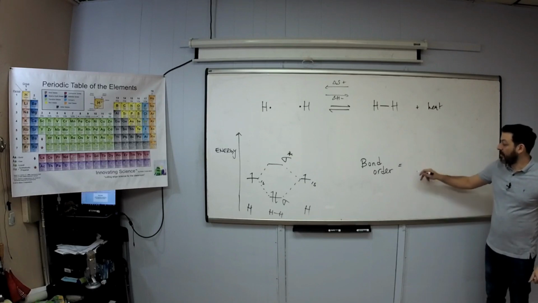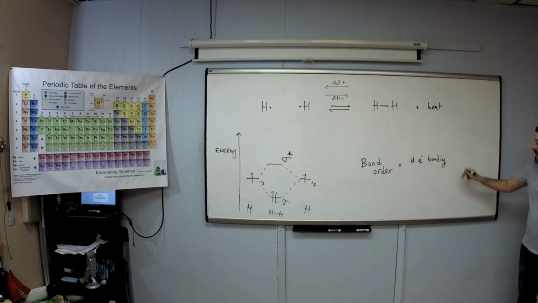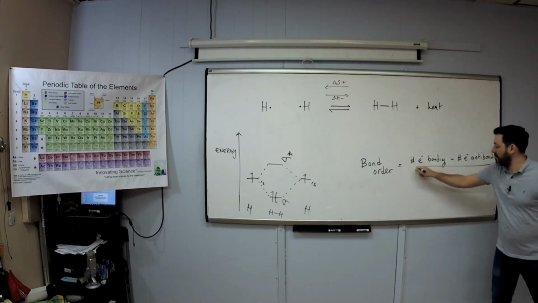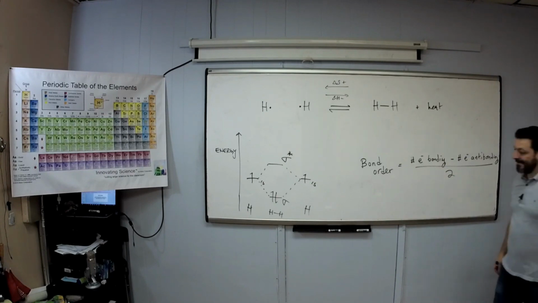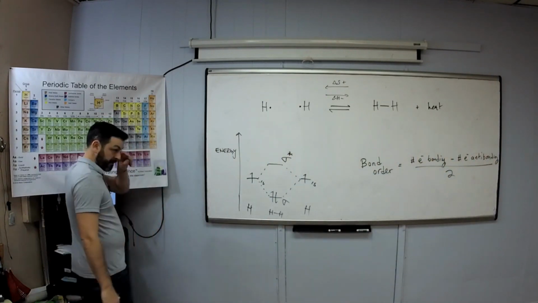The bond order is the number of electrons bonding minus the number of electrons anti-bonding. Divide all of that by 2. What is the bond order in the H2 molecule?